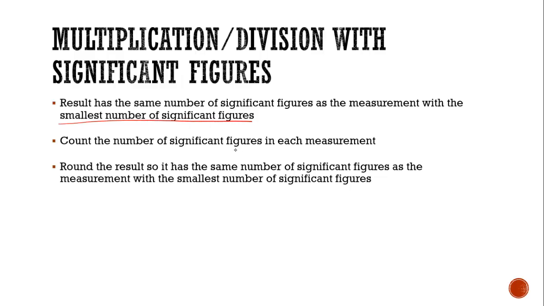Meaning that you count the number of significant figures in each measurement, and you round the result so that it has the smallest number. That may not make sense right now, but if we look at the actual example problems, I think it's going to make a little bit more sense. So let's talk through an example.